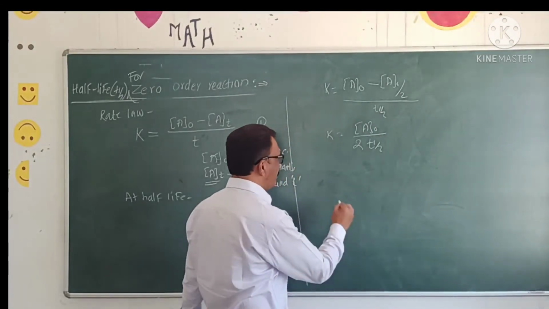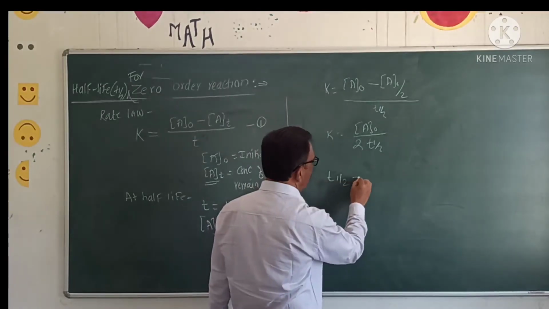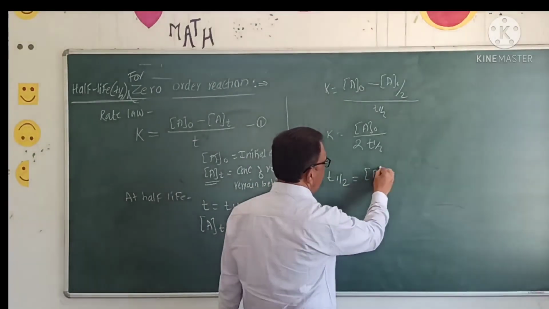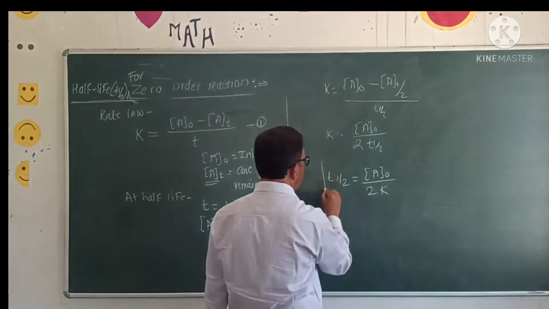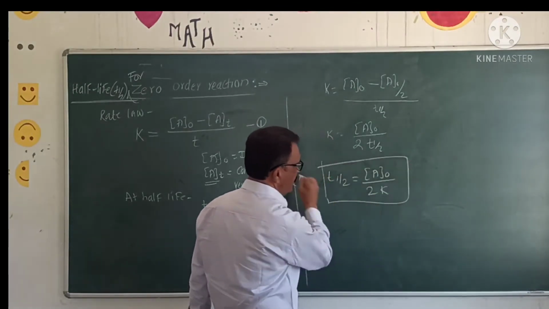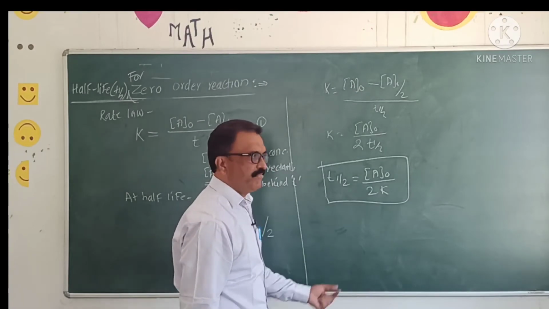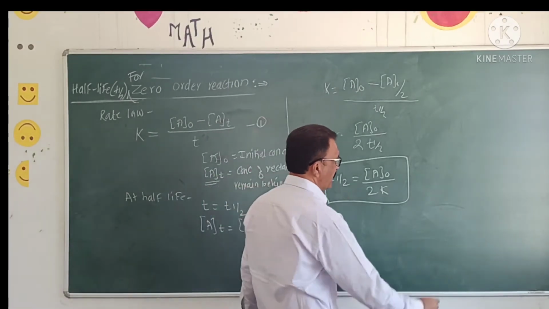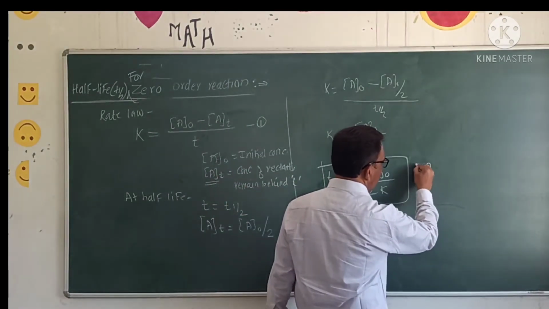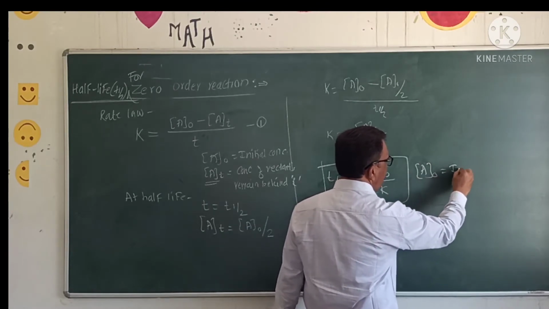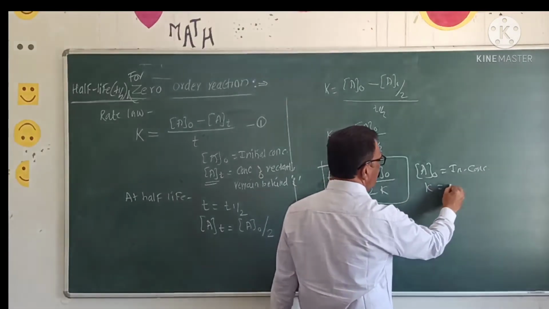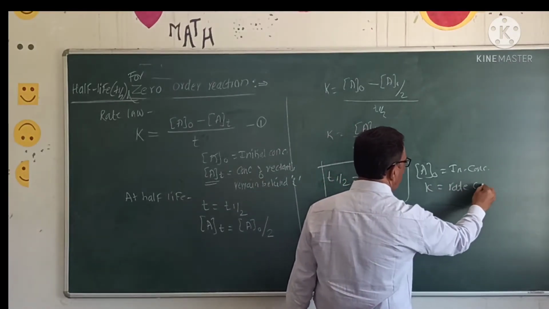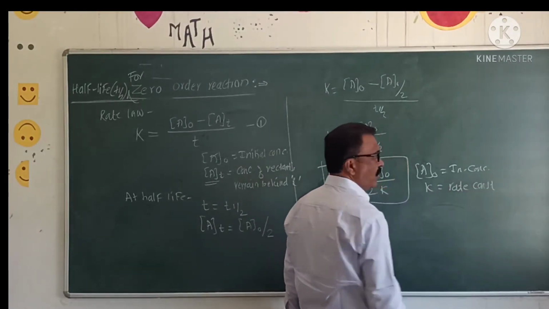Hence half life for zero order reaction is equal to the initial concentration A0 divided by twice K. This equation gives half life for the zero order reaction, where A0 is the initial concentration and K is the rate constant of the reaction.